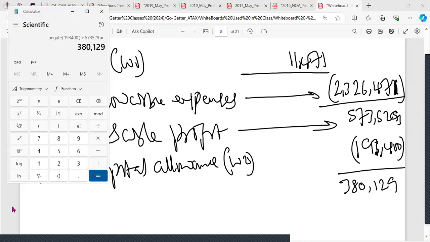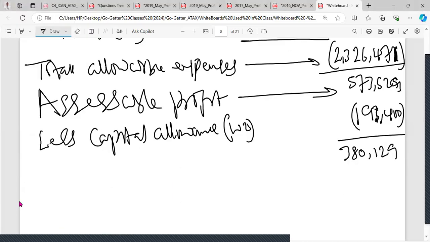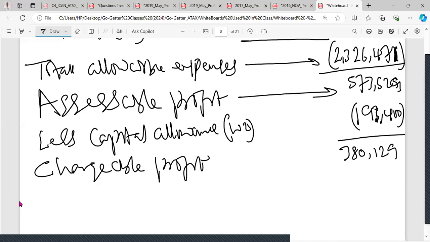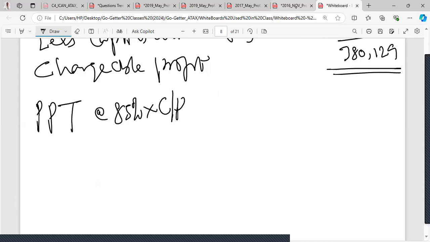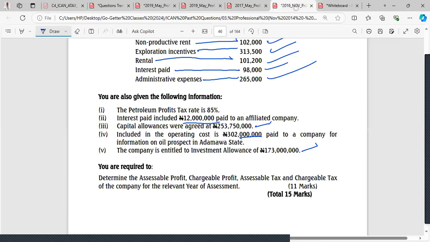All right, so this happens to be now your chargeable profit. Your petroleum profit tax at 85% of chargeable profits, because we are told that the petroleum profit tax rate is 85%.